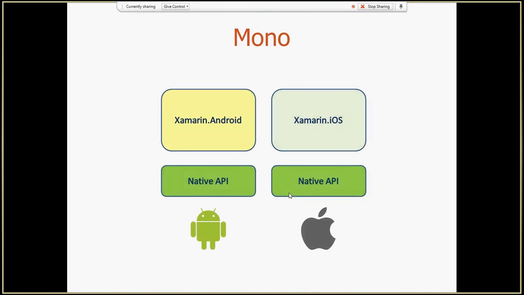So this slide describes that. We have additional assemblies in the Mono runtime, which do not come with native Android or iOS, which contain APIs to mimic the native behavior. These are included in the Mono runtime. So this is how it looks.